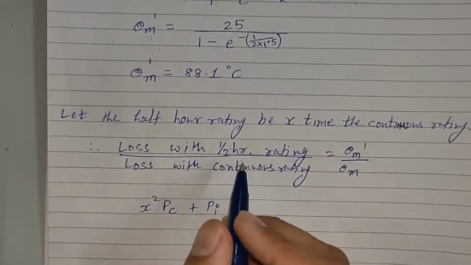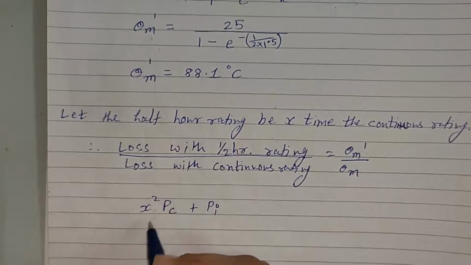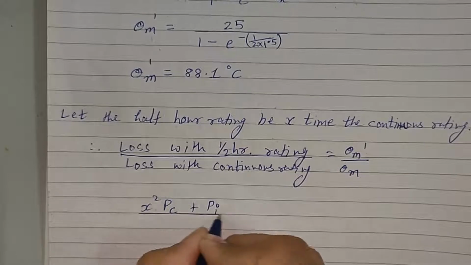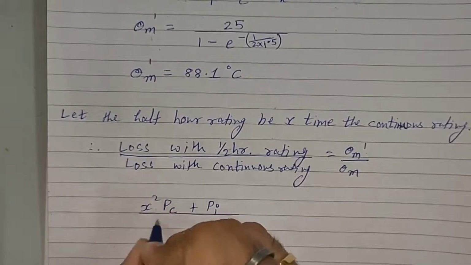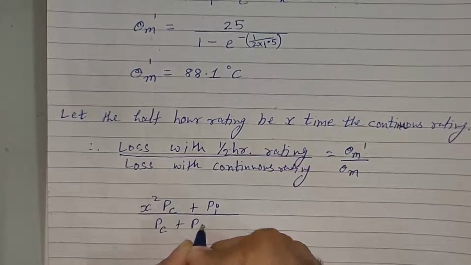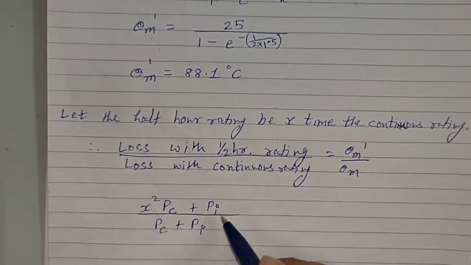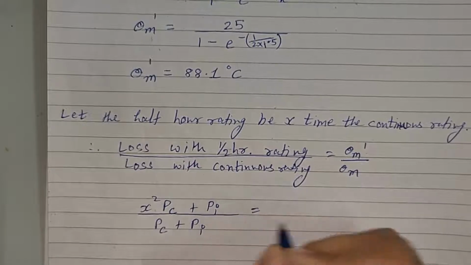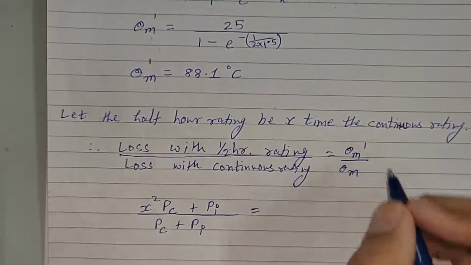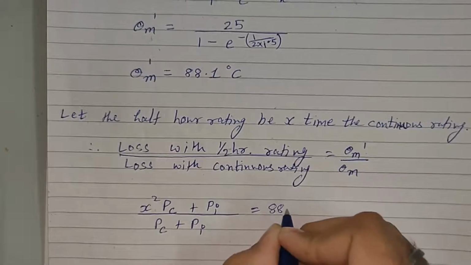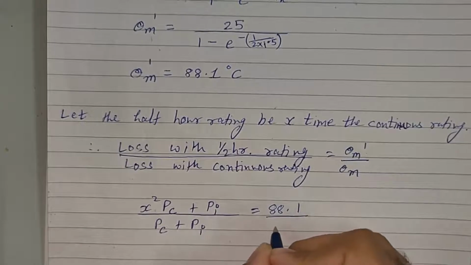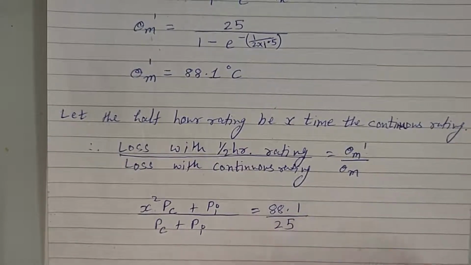Since we are talking about the half hour rating, the copper losses would be proportional accordingly, divided by, in the continuous rating we will have the total copper losses and the total iron losses. In both the cases we have taken iron losses as Pi only, since the iron losses are considered to be the constant losses. So this would be equal to 88.1 degree centigrade divided by theta m, which is 25 degree centigrade.